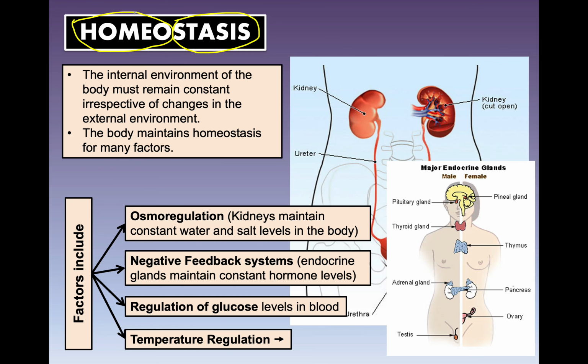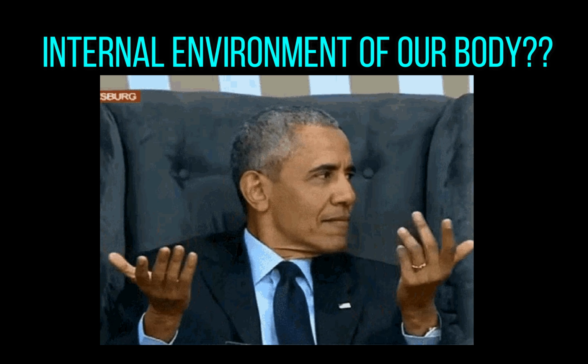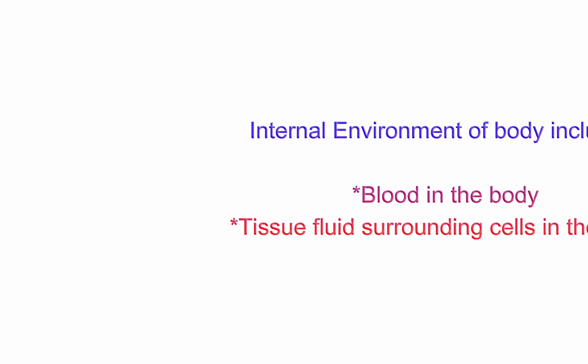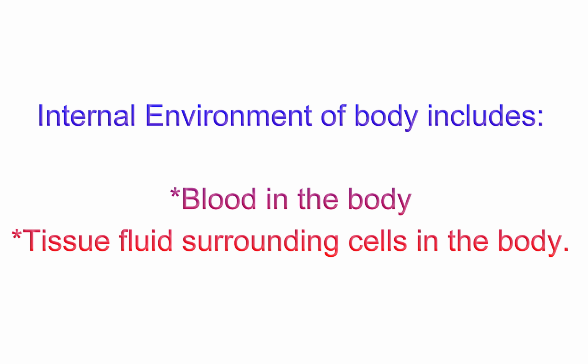When I speak about the internal environment of our body, I am referring to the blood in the body and the tissue fluid surrounding the cells in the body. All that makes up the internal environment of the body.